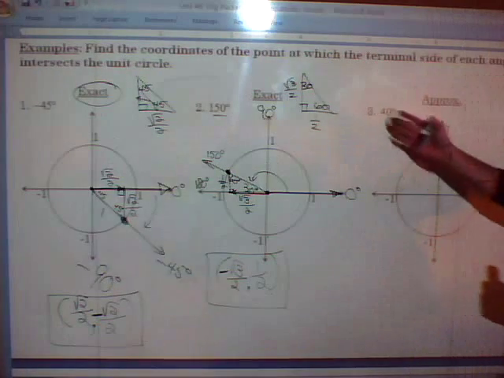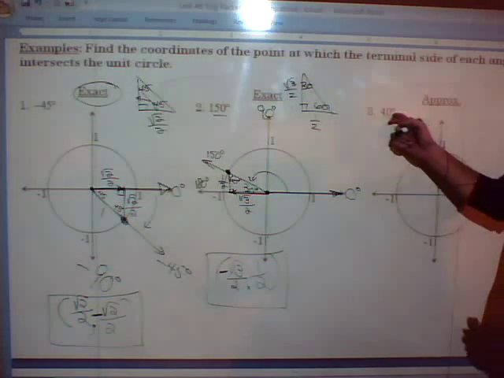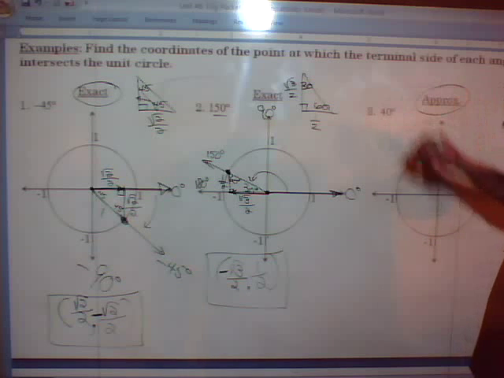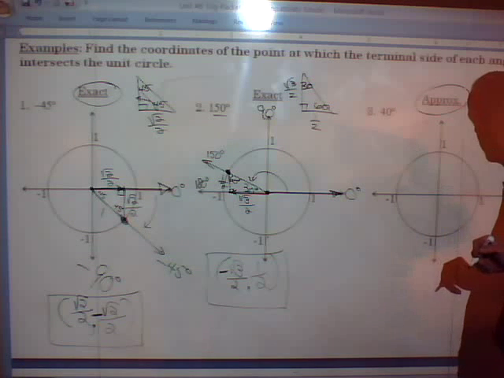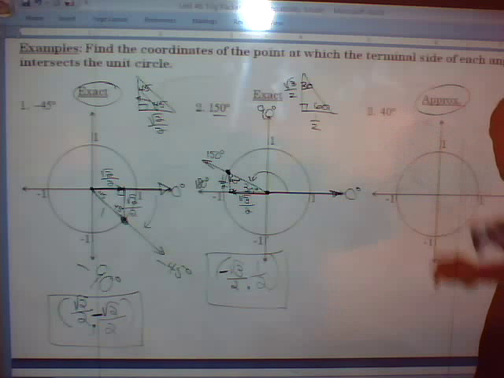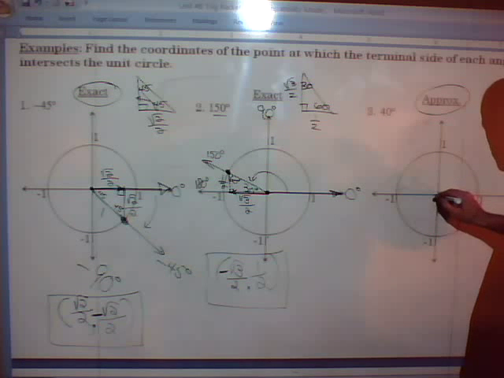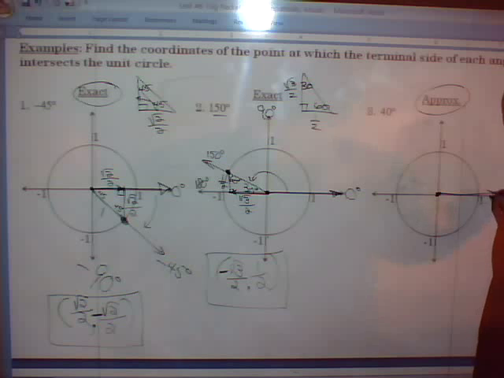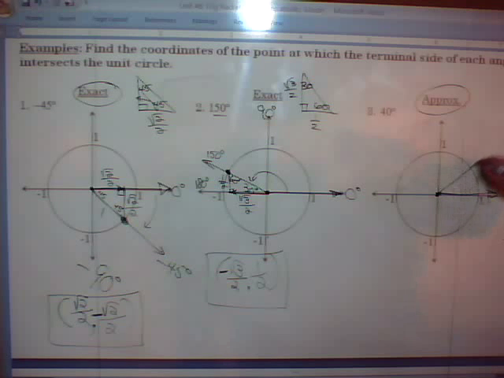On number 3 here, we want to find the approximate value. And you'll see why we have to do approximate here in a second. For the approximate value here, if we sketched our angle, okay, we're going to go 40 degrees. Okay? So our initial side here is 40 degrees.